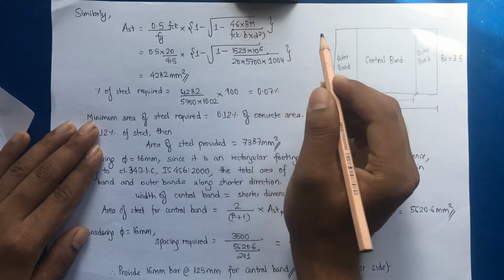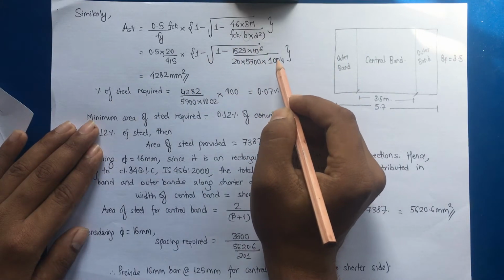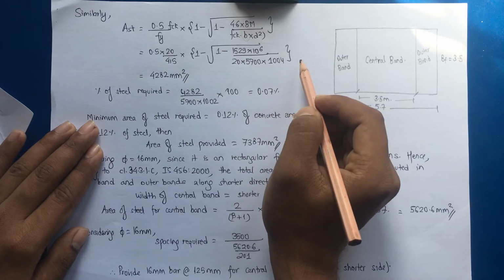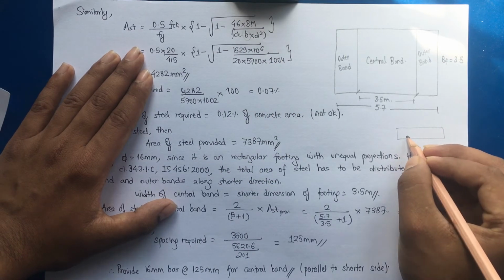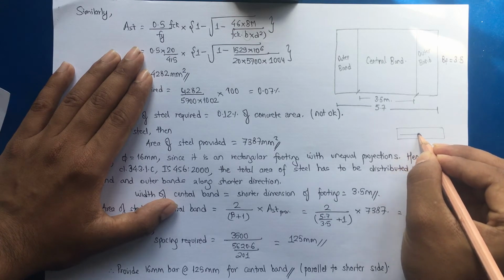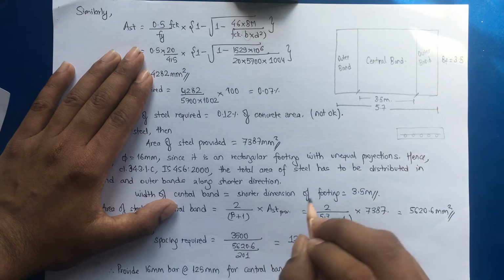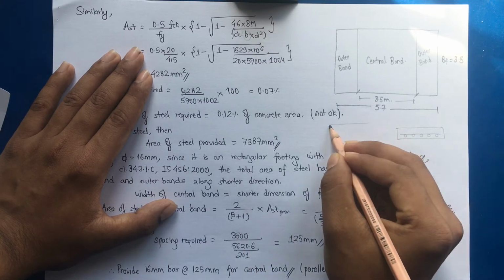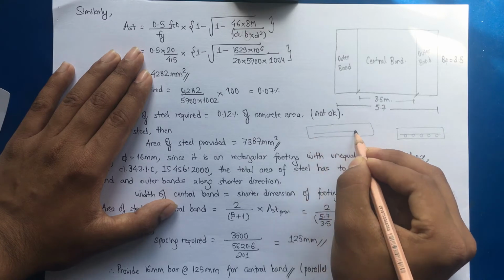Okay, it will be smaller than the value we have provided for the longer side. We have to reduce one number of bar for that side. So considering this as the depth of footing, we are calculating the area of steel along the shorter side. So the reinforcement will be, and along the longer side it should be something like this.